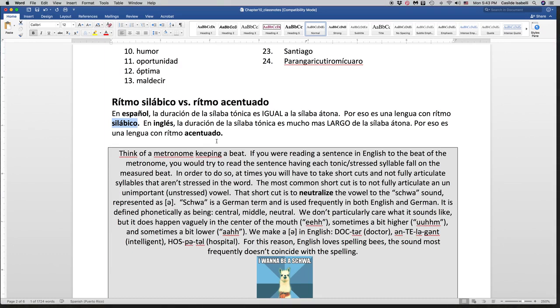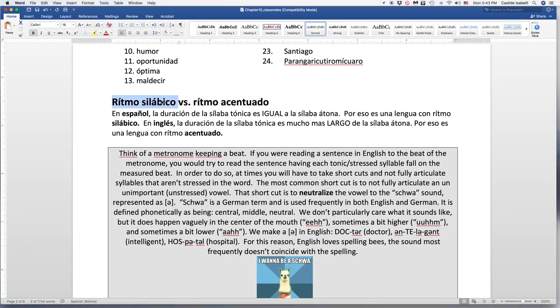Now, I just said that because in English, what's more important, or what gets more time if you measure it time-wise, the tonic syllables will be much longer time-wise than an unstressed syllable. For this reason, English has an accented rhythm.